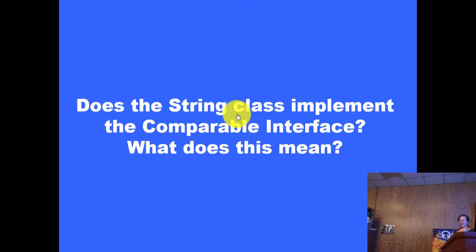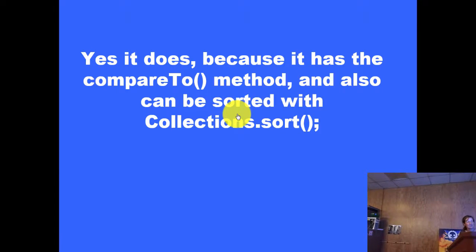Right, the compareTo method. Good, Blanca, yes. I heard it from that direction. Good job, Dulce. Yeah, when you implement the comparable interface, it means you wrote the compareTo method. We did that in class. Evidently, we need to do that more. But so then it can be sorted. You can do different things with it.